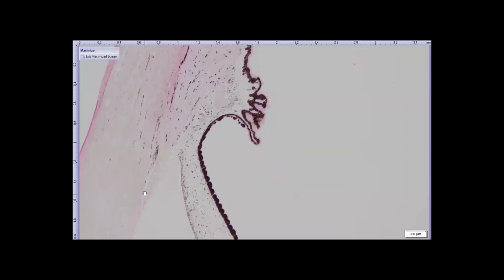So from here, it goes through a series of vascular channels that eventually ends up in the general circulation. But under normal circumstances, all of those drainage angles are filled with aqueous and not blood.